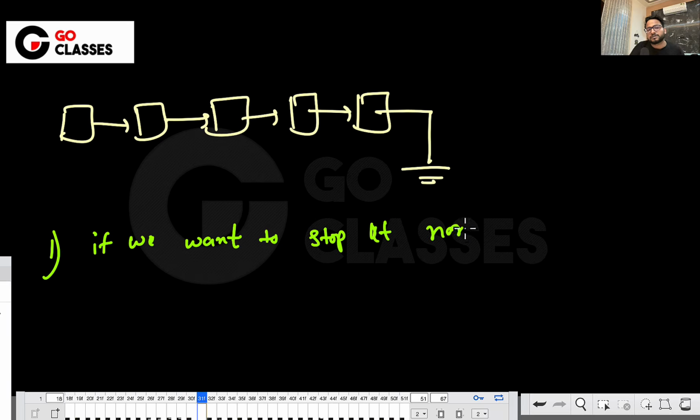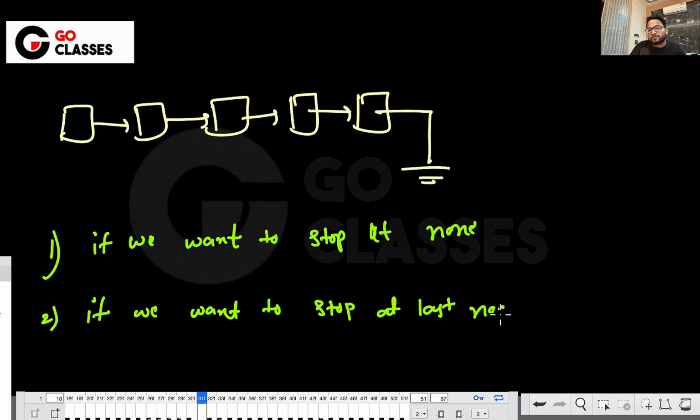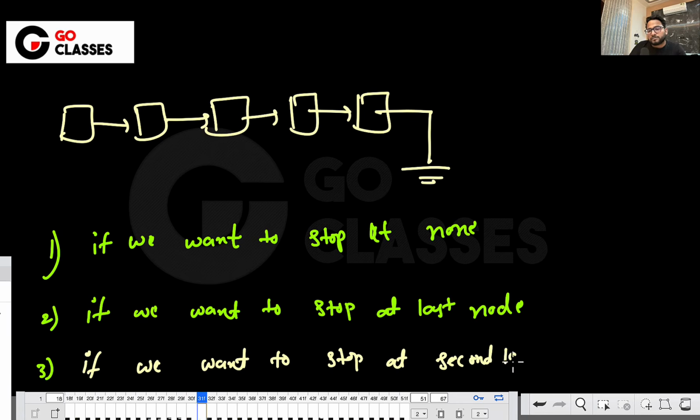Scenario two could be if we want to stop at the last node. The third scenario could be if we want to stop at the second last node, and so on. There could be any number of scenarios, but I just want to make sure that you understand everything.